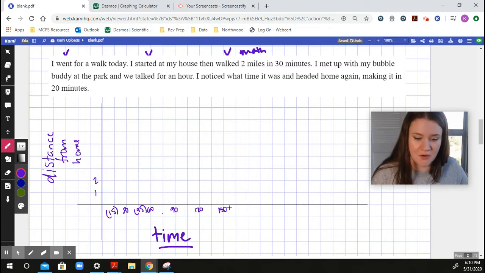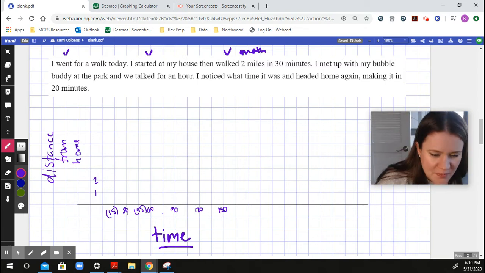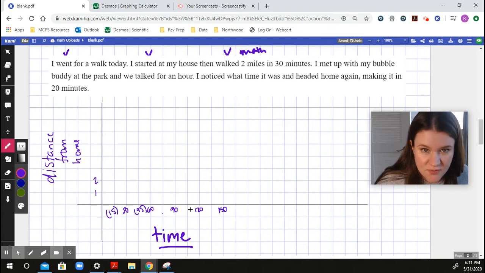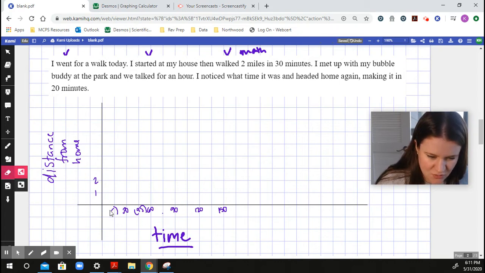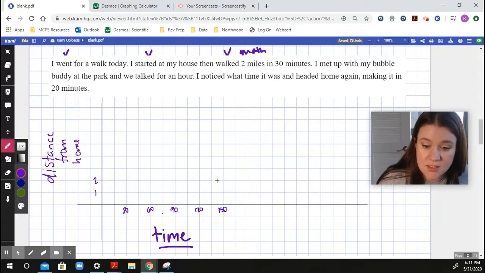But each one of these lines represents 15 minutes, but you don't have to write that every time. I'm going to take this out because it looks really messy. But every single one of these blue lines here represents 15 minutes of time.